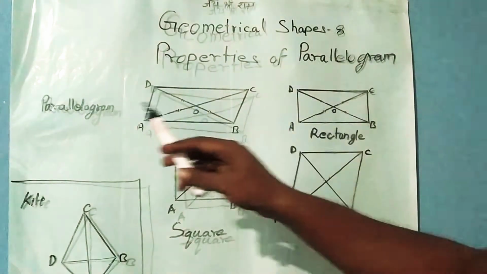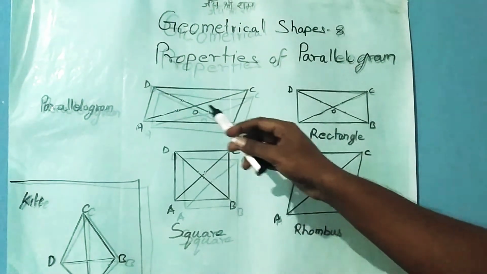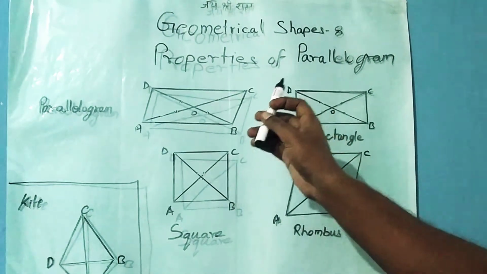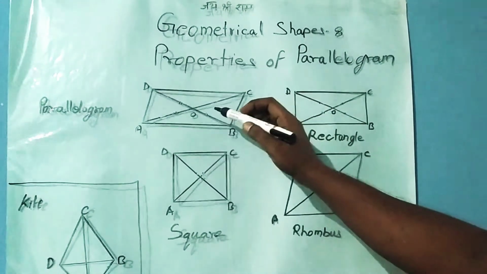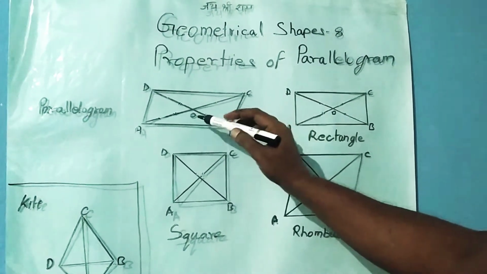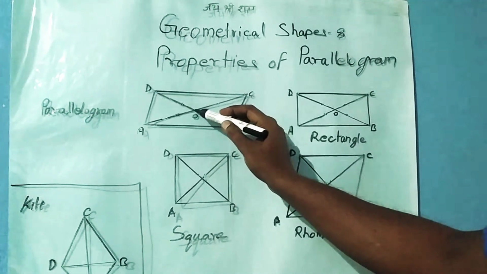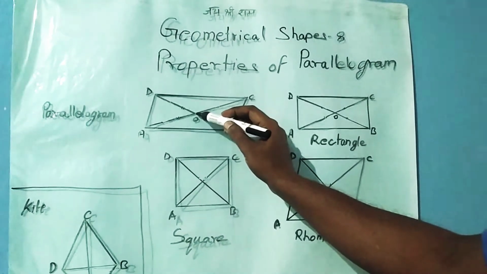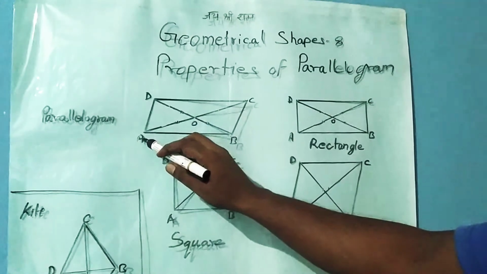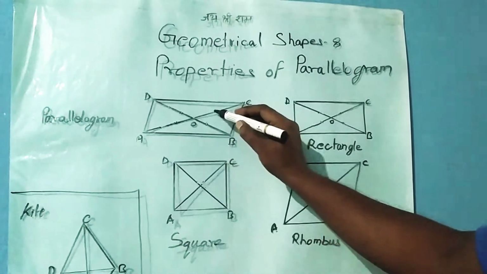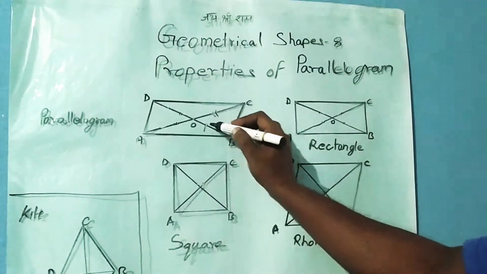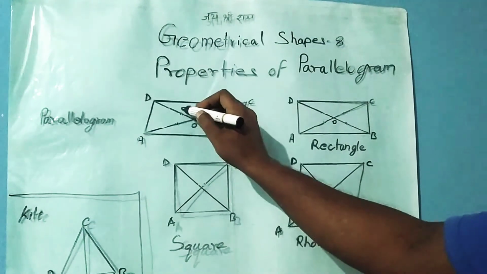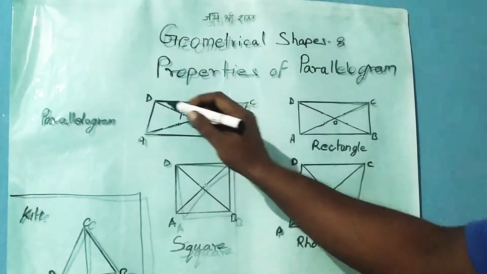First is the parallelogram. If we draw the diagonals in the parallelogram, the diagonals will intersect each other at the midpoint. O will be the midpoint, and AO will be equal to OC, and BO will be equal to OD.